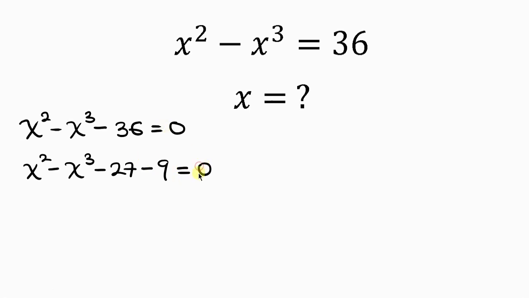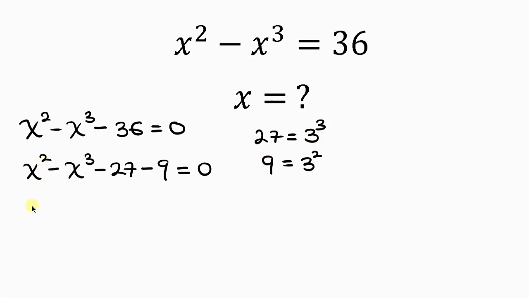The most interesting thing about 27 and 9 is that 27 is a perfect cube, 3 cubed, and 9 is a perfect square, which is 3 squared. Very good. So I chose this because I can pair squares together and pair cubes together.